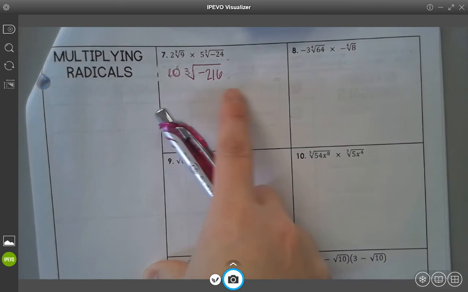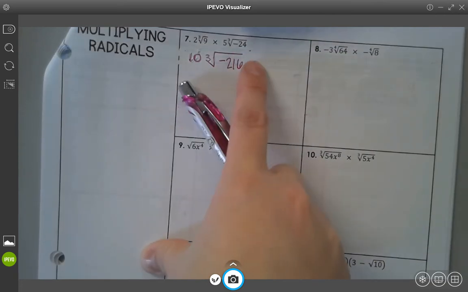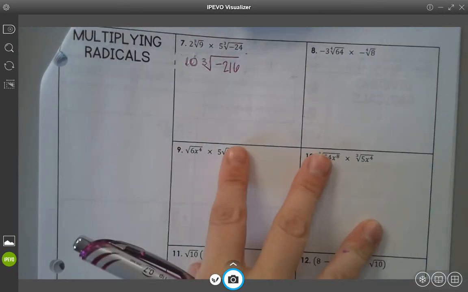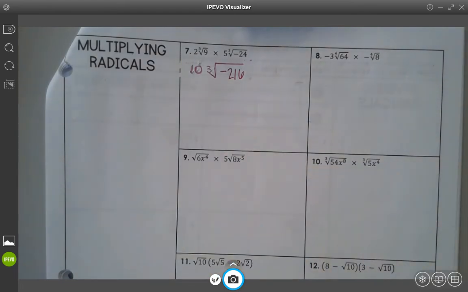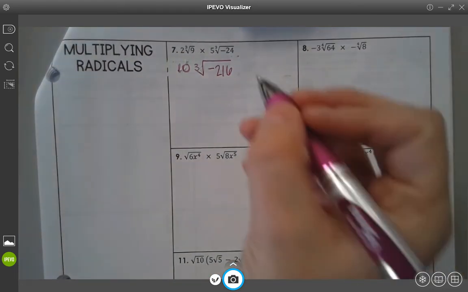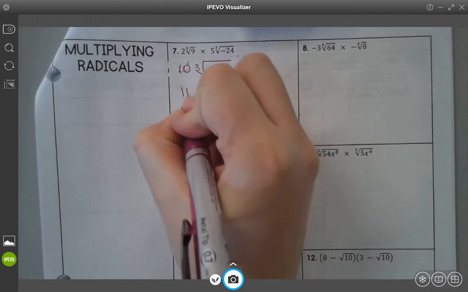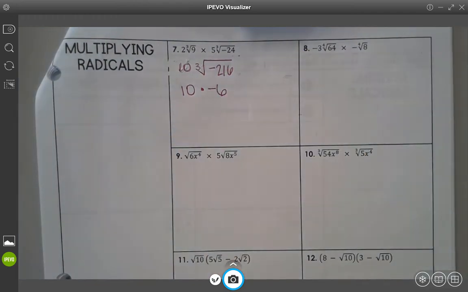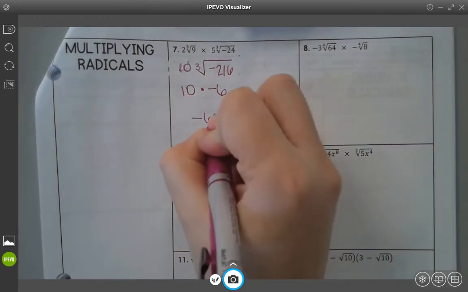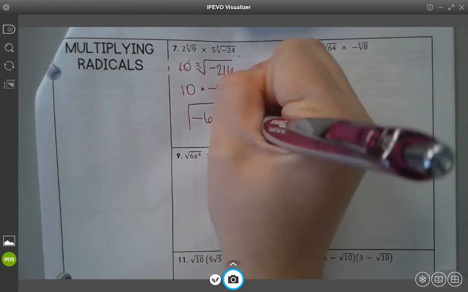So if you can try to get used to seeing those numbers, that'll make this a lot easier. If you can recognize if they're perfect cubes or not, that'll make this process faster. So what is the cube root of negative 216? Negative 6. So this is just 10 times negative 6, which is negative 60.